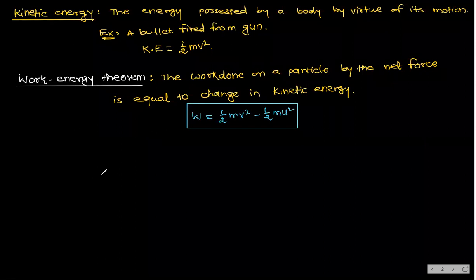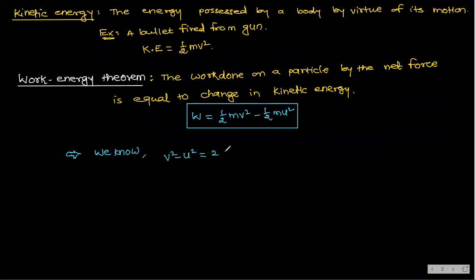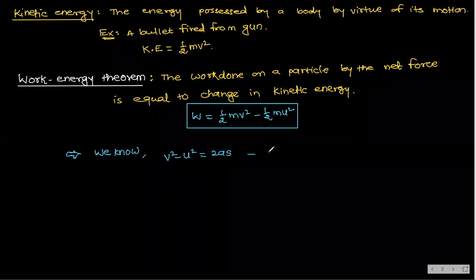Now let's start proving this. We know v square minus u square is equal to 2as.